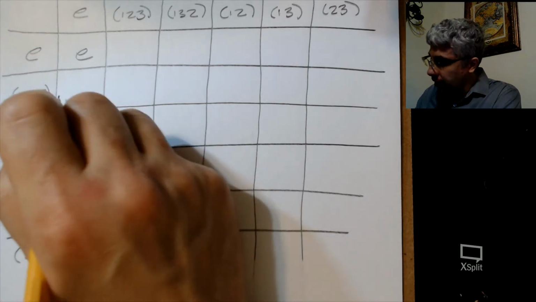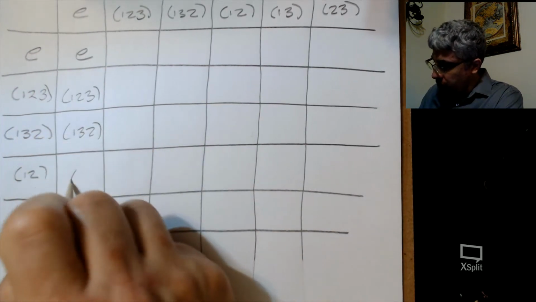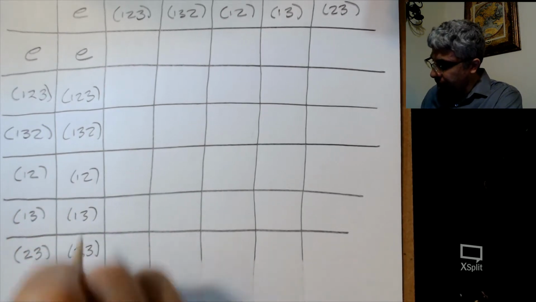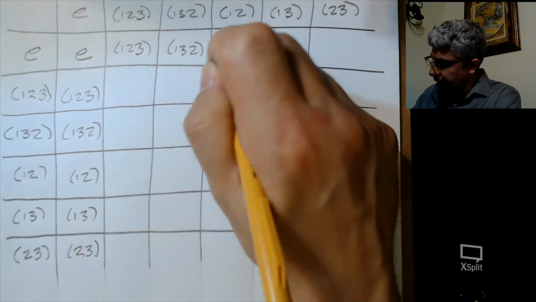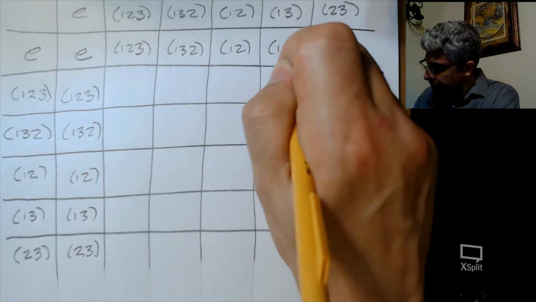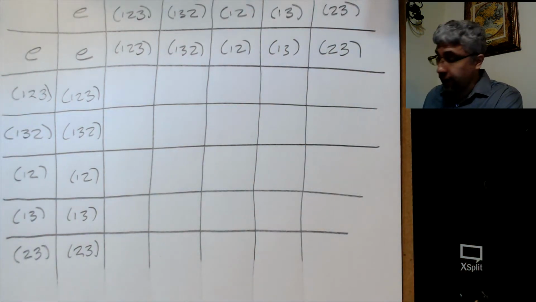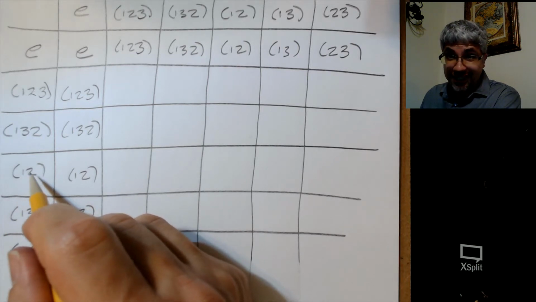Let's try E, (1 2 3), (1 3 2), (1 2), (1 3), because we know if we apply the identity first or later, we're going to get each of the individual elements. So that's an easy start. Now, what else do I know? Well, I know that if I apply (1 2) twice, that's its own inverse, right?